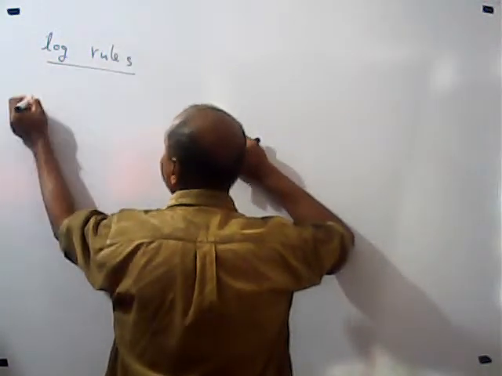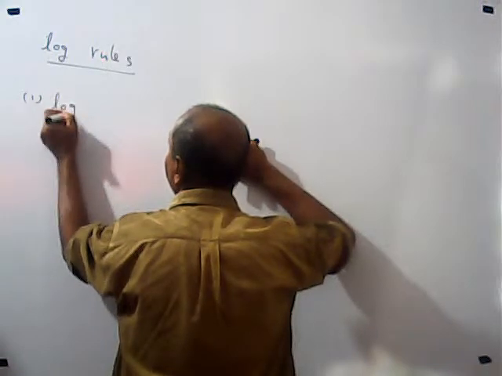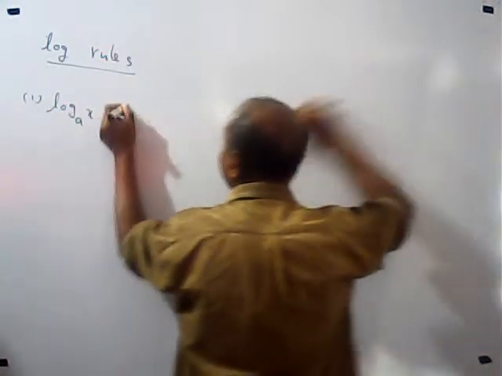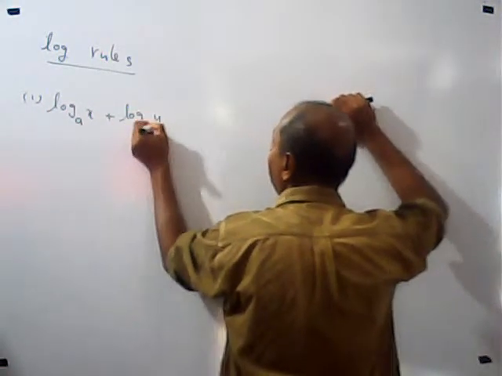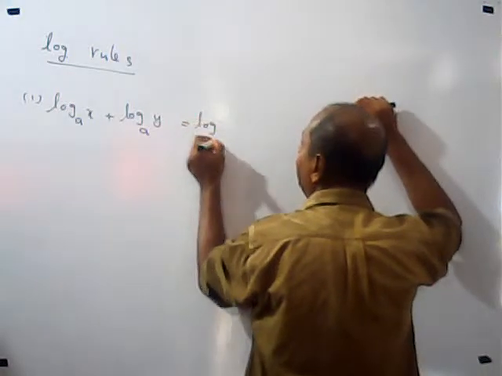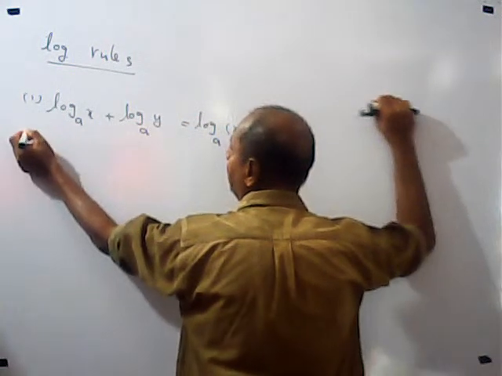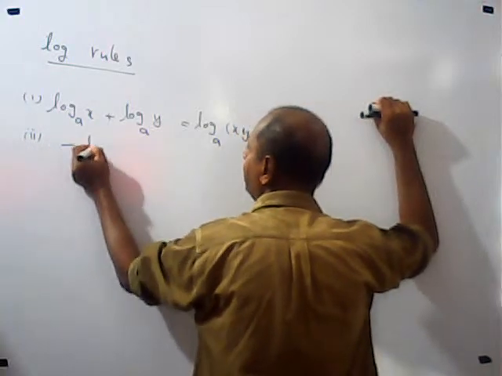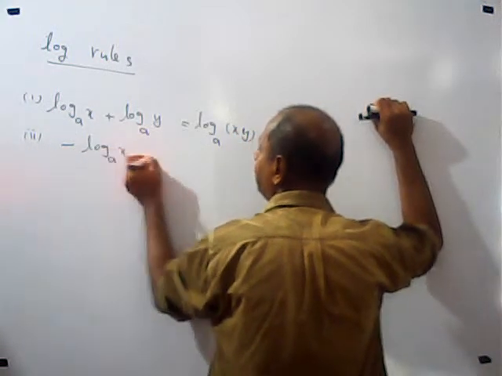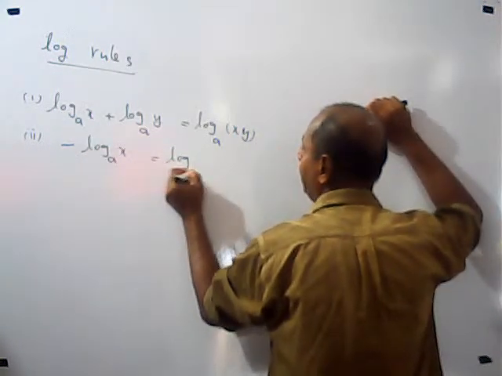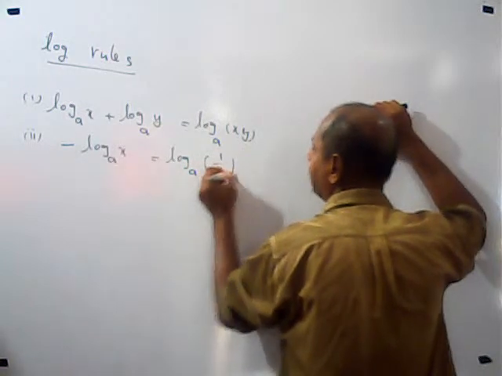Basic log rules are these: log_a x plus log_a y equals log_a xy. Number 2, you have minus log_a x, so that will be equal to log_a 1 over x.